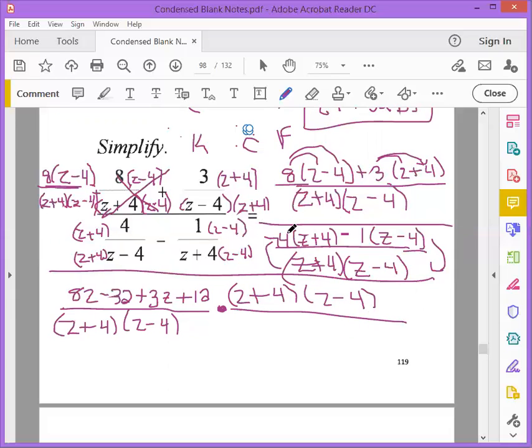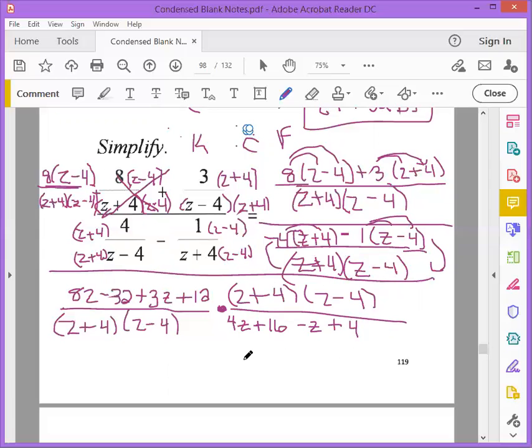In the denominator, let's go ahead and distribute these terms. So 4 times z would leave us with 4z plus 4 times 4, which would leave us with plus 16. And then minus 1 times z, that's minus z, minus times minus 4, that'll be positive 4.